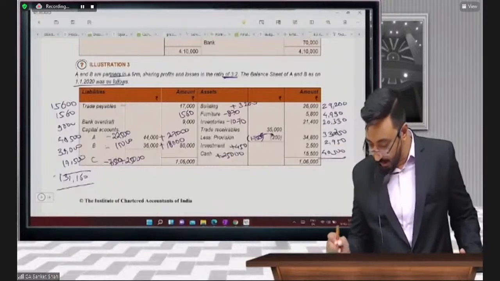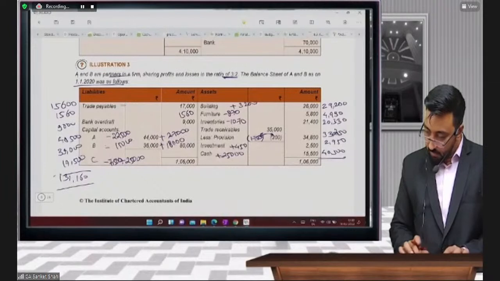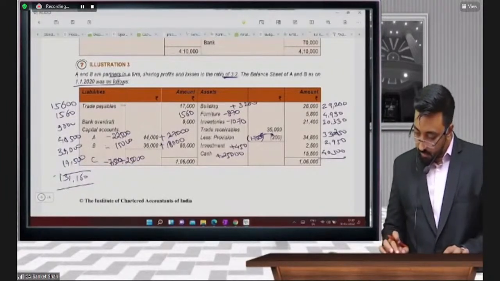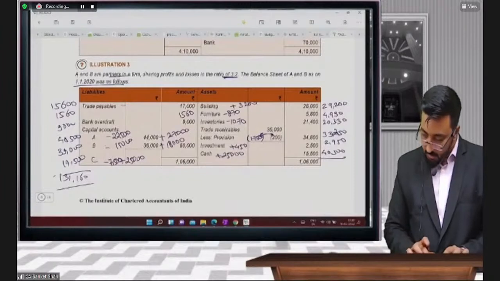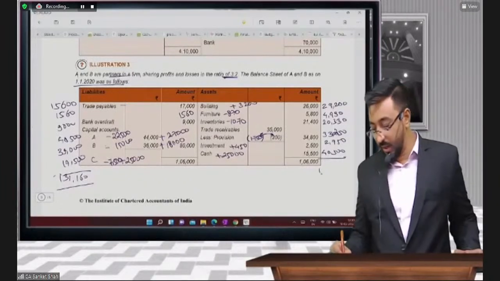Yes, now it's tallying. 33,250 plus... yes, 131,160.